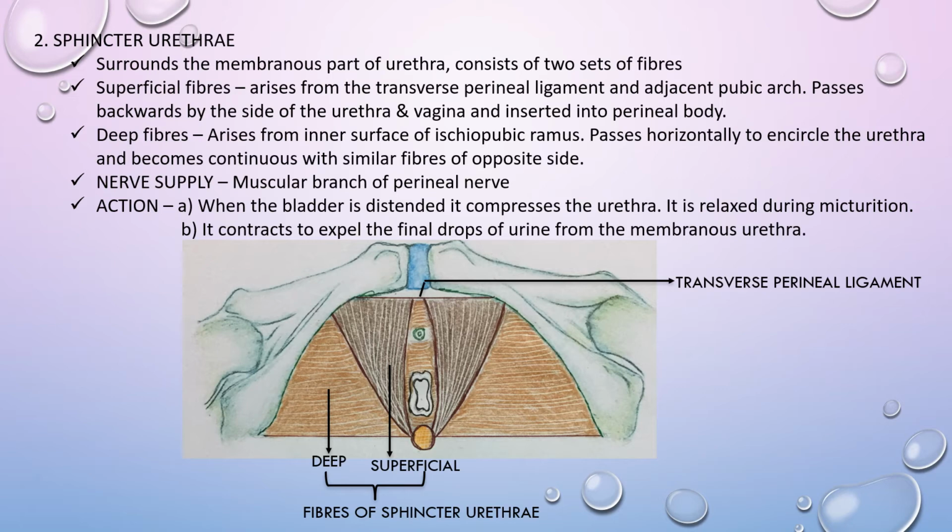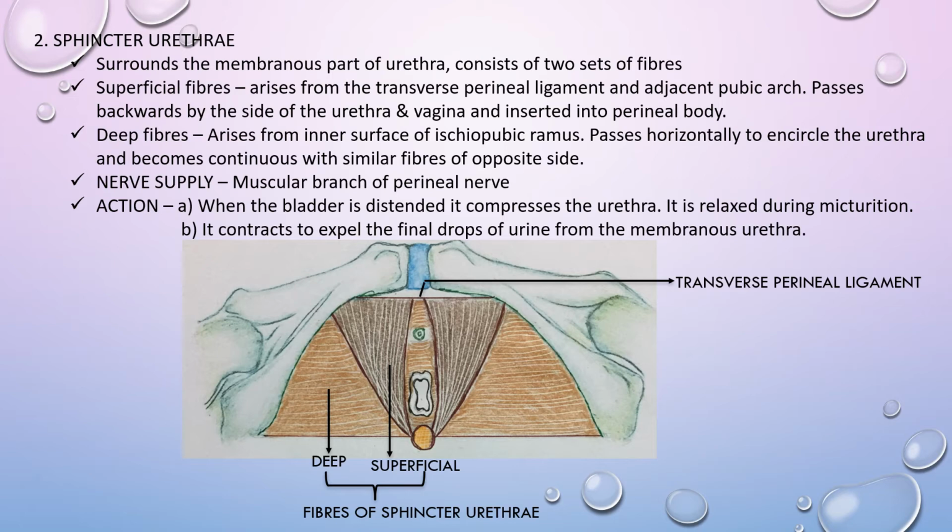In this diagram, you can appreciate the superficial fibers of sphincter urethrae arising from the transverse perineal ligament and adjacent pubic arch. The fibers run backwards by the side of the urethra and vagina. In this diagram, the perineal membrane is not shown, but the anterior thickened margin of the perineal membrane, that is the transverse perineal ligament, is shown.